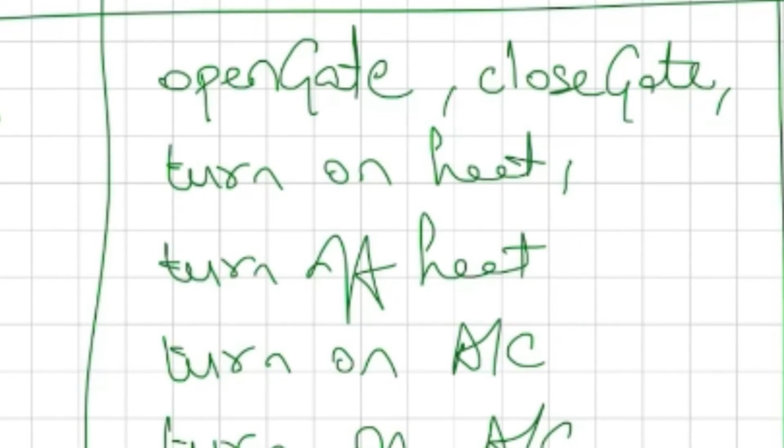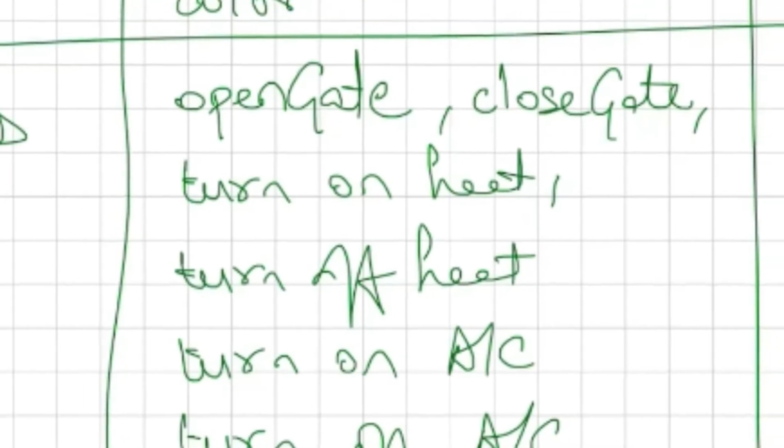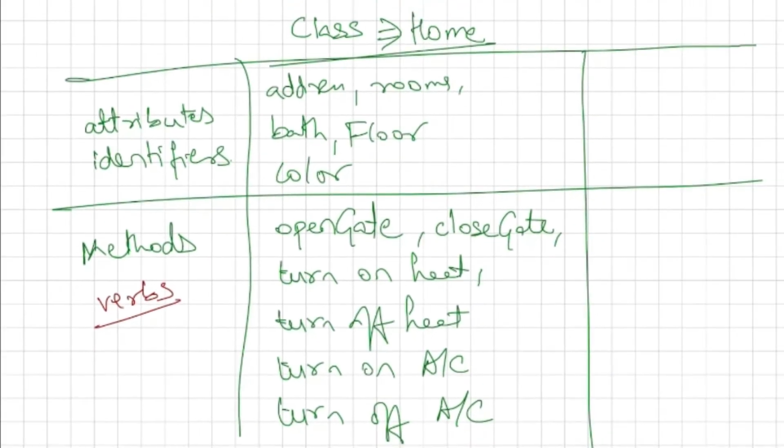Okay, these methods, in other words, are called verbs. This is only for understanding. They are not used in programming language, and this you can say is a noun.